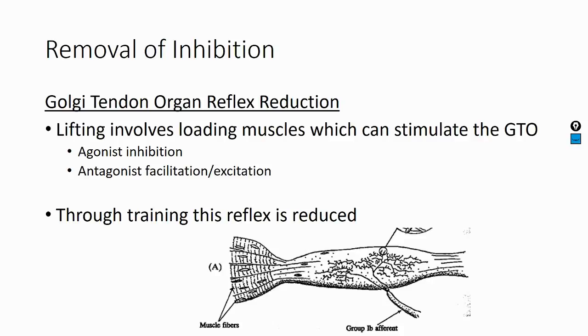In an untrained person, this is a very active reflex. With training, this reflex is reduced. So the Golgi tendon organ doesn't fire quite as much, although the force is there. Your body, to a certain extent, learns that the force that you're putting on your muscles is not a danger to it, and therefore this reflex is somewhat quieted.